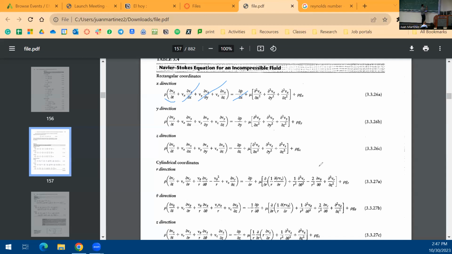L equals 2 times W times H divided by W plus H. So it's basically the cross-sectional area, and then the perimeter is on the bottom. Yes. And that's what he said: for any irregular conduit, it's 4 times the cross-sectional area divided by the perimeter.